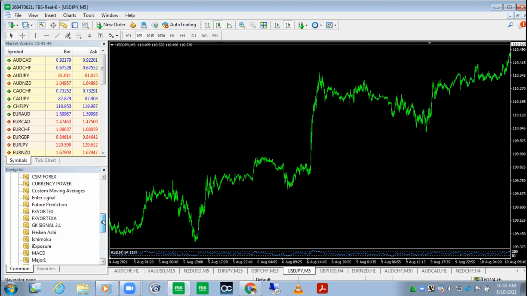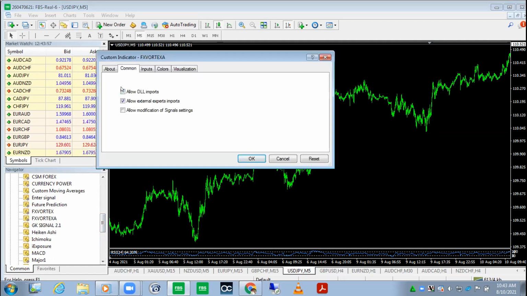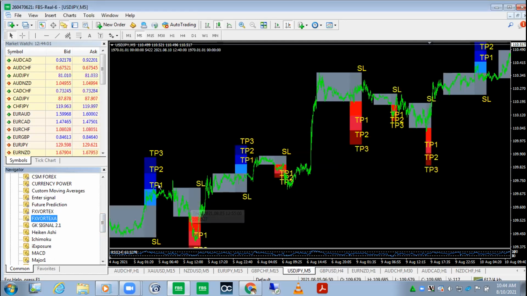Now, for the FX Vortex and FX Vortex A, they are literally the same thing, but with different configurations. If you use FX Vortex A, that means you want to trade in a more aggressive manner. Now, let's try to run it. You see the number of signals that was taken for this FX Vortex A, this is USD JPY on 5 minutes.